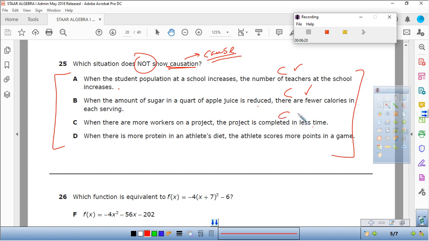When there is more protein in the athlete's diet, the athlete scores more points in the game. I don't know what to tell you. Say this athlete doesn't even play, but he drinks more protein. You know what I mean? I think this one does not show causation. You got it? Okay.